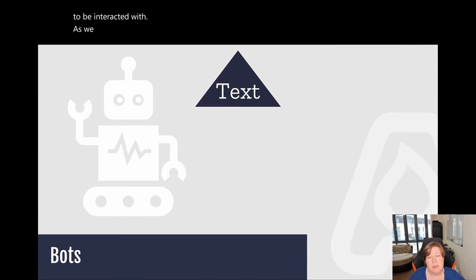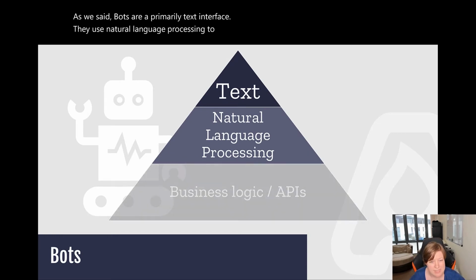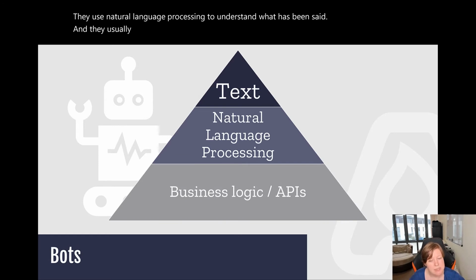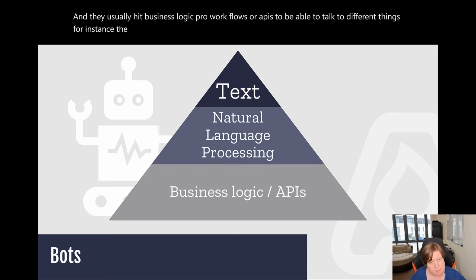As we said, bots are primarily a text interface. They use natural language processing to understand what has been said. And they usually hit business logic workflows or APIs to be able to talk to different things, for instance, the Spotify API.